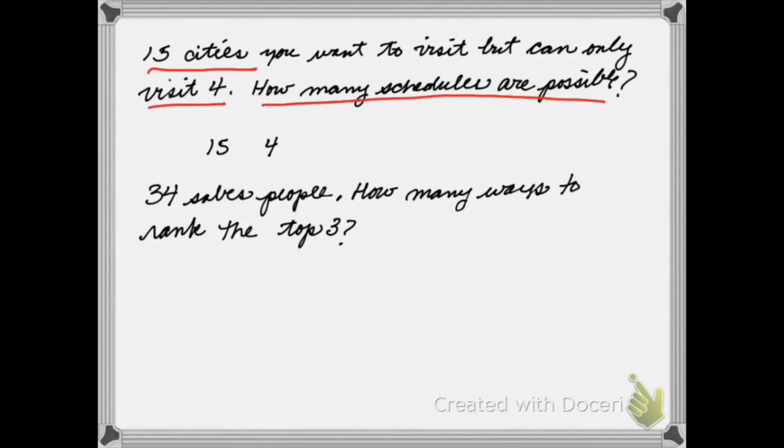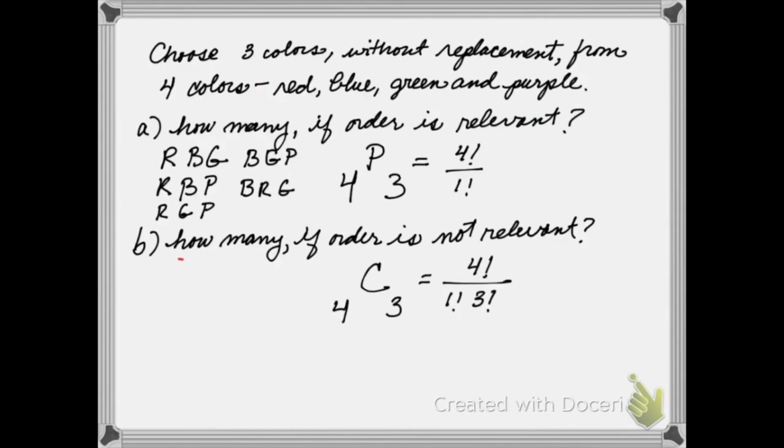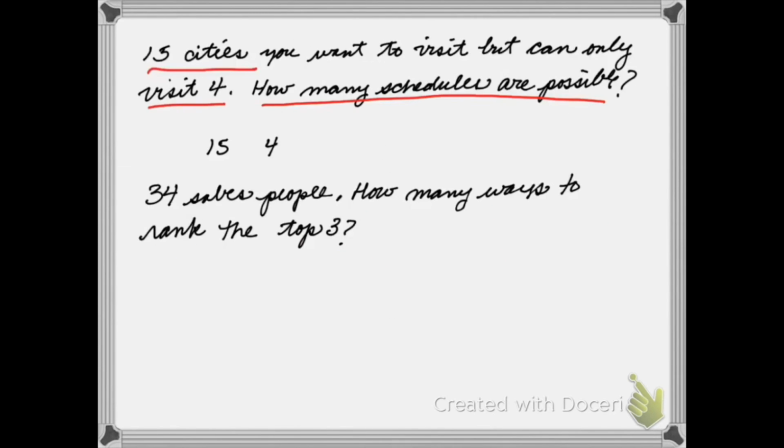So because order does not matter, if we go back here, we see that if order is not relevant, we use the C. We use the combination. So I'm going to do 15C4, and then I just plug into the formula like I did on the prior page, and we can evaluate that.